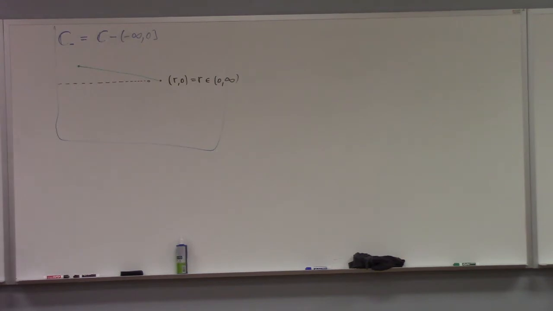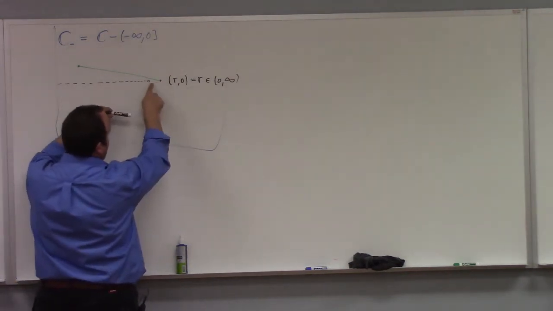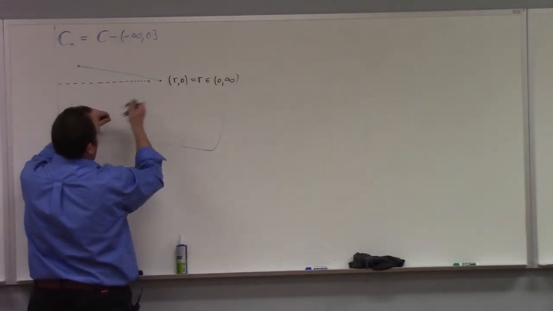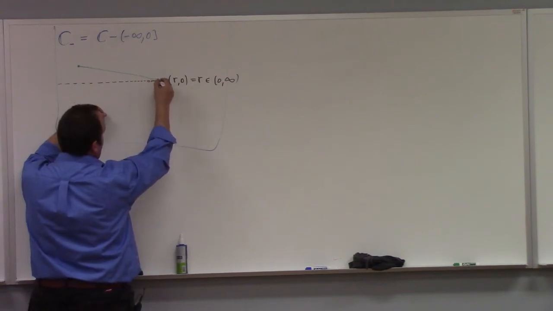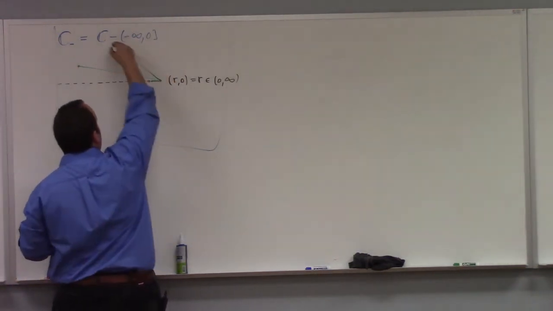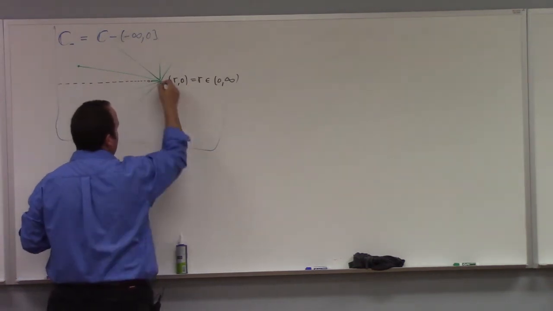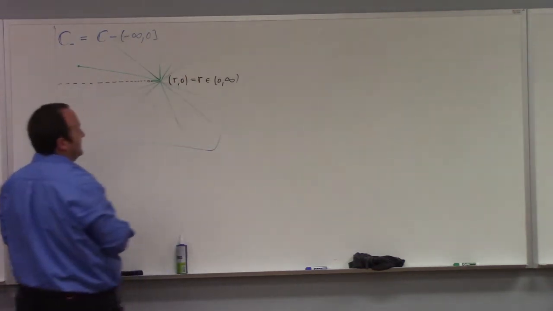And these points right here, you can get to those just by the horizontal line, and that's not a problem. And you can get everywhere. So in fact, any point on the positive real axis serves as a star center for the slit complex plane.